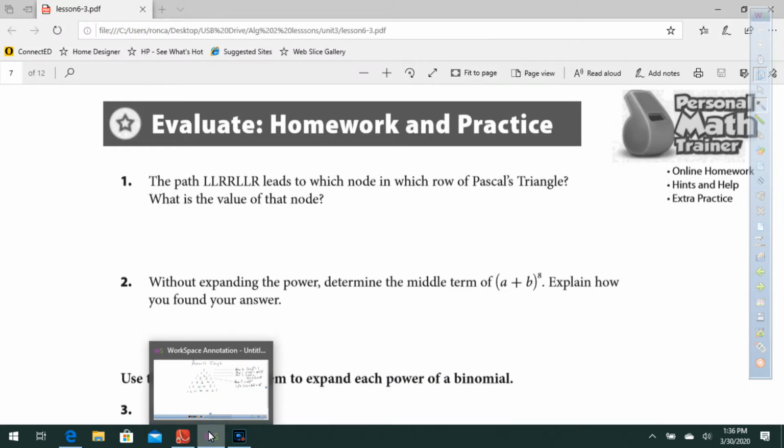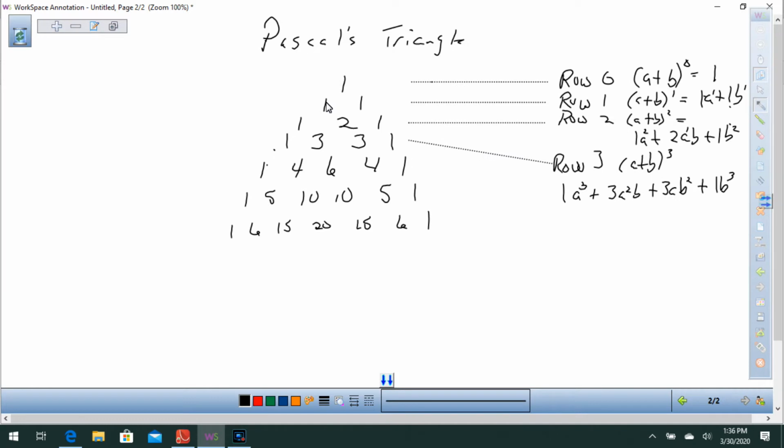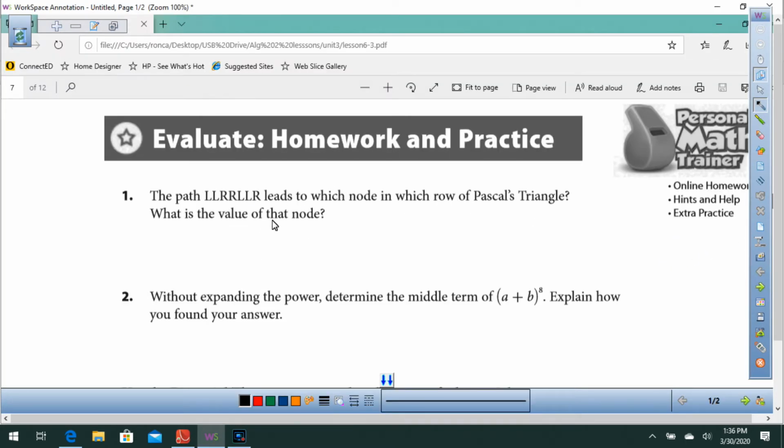Left, left, right, right, left, left, right, right, left, left, and oh, I needed to go one more row: 1, 7, 21, 35, 35, 21, 7, and 1. Left, left, right, right, left, left, right. That would be 35 there. So what is the value of that node? 35.